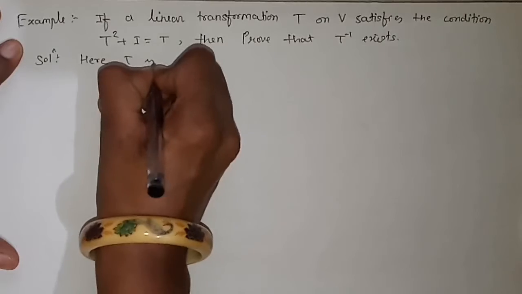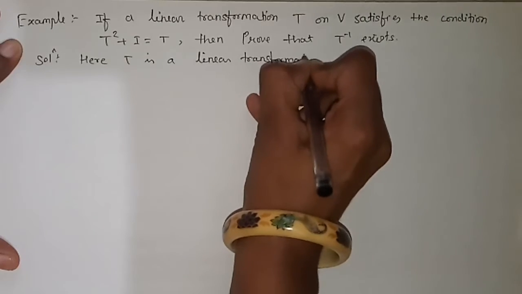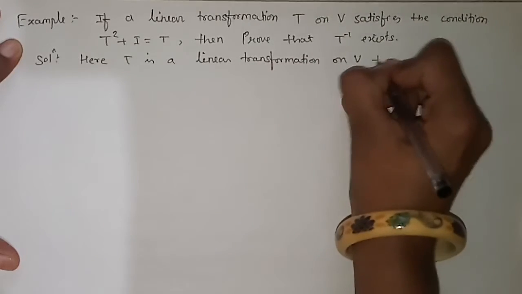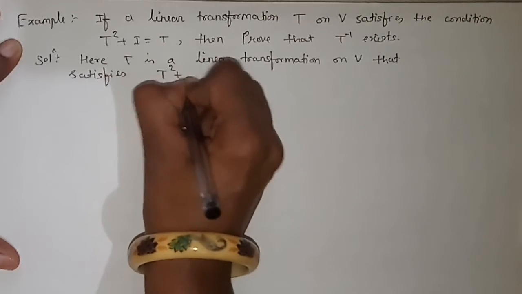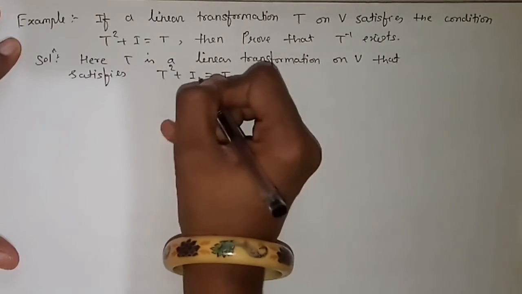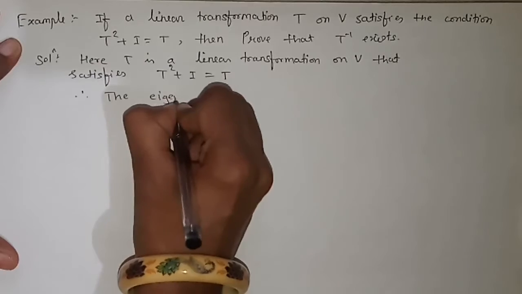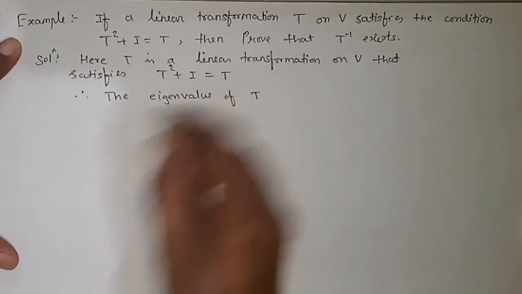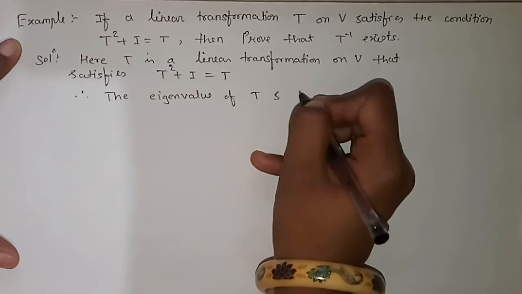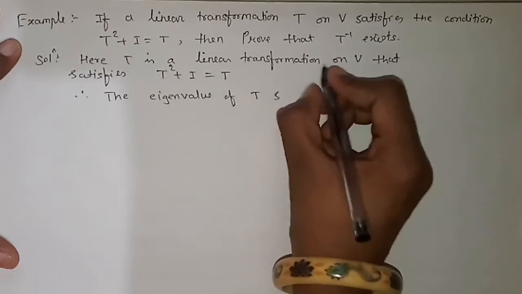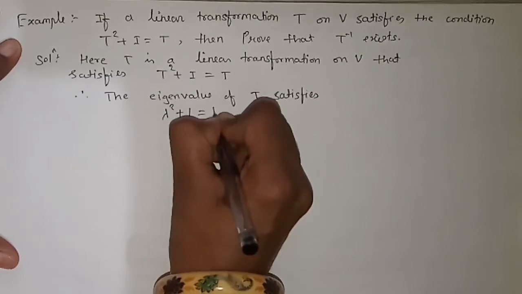Here T is a linear transformation on V that satisfies T square plus I is equal to T. Suppose if I replace this T by lambda, the eigenvalue of T, if I suppose lambda is an eigenvalue, then obviously lambda will satisfy this equation. So I can write lambda square plus 1 is equal to lambda.